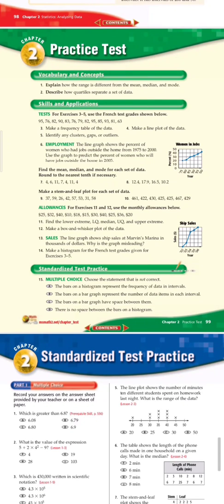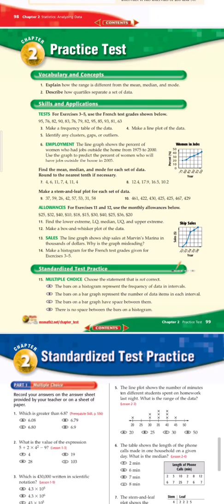6. Employment. The line graph shows the percent of women who had jobs outside the home from 1975 to 2000. Use the graph to predict the percent of women who will have jobs outside the home in 2005.